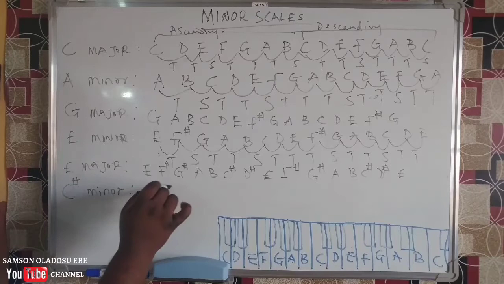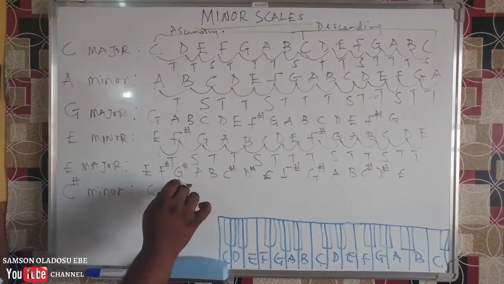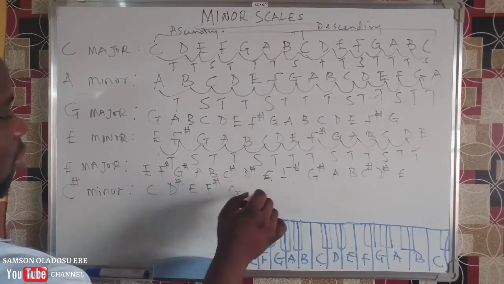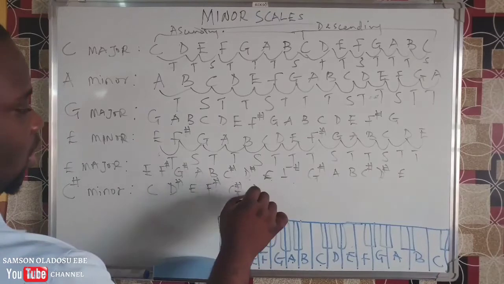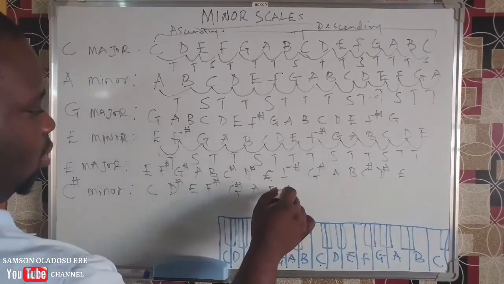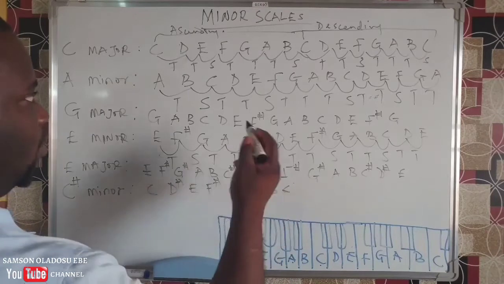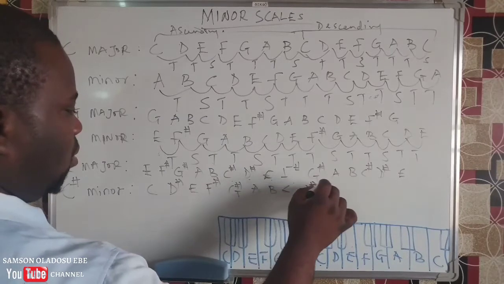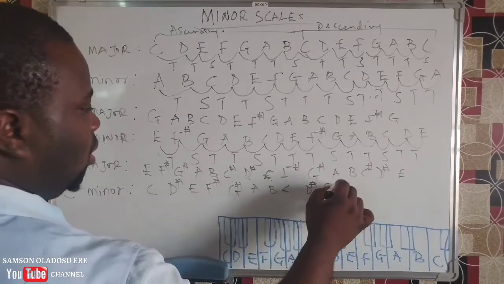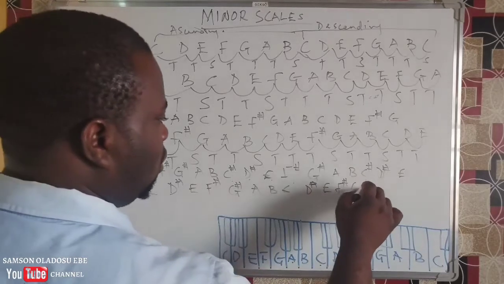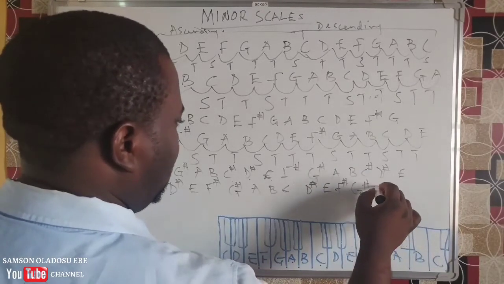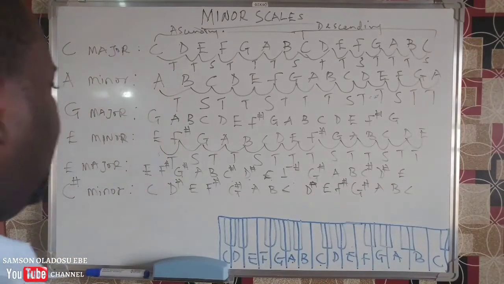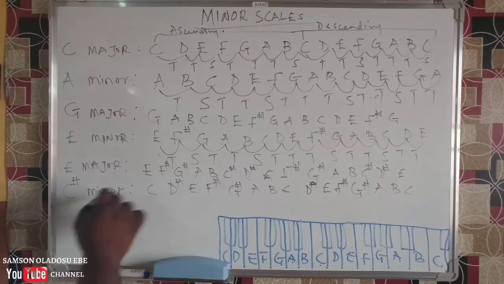And it's going to form C sharp, D sharp, E, F sharp, G sharp, A, B, and C sharp. Because we are doing ascending and descending, we'll write it again: C sharp, D sharp, E, F sharp, G sharp, A, B, and C sharp.